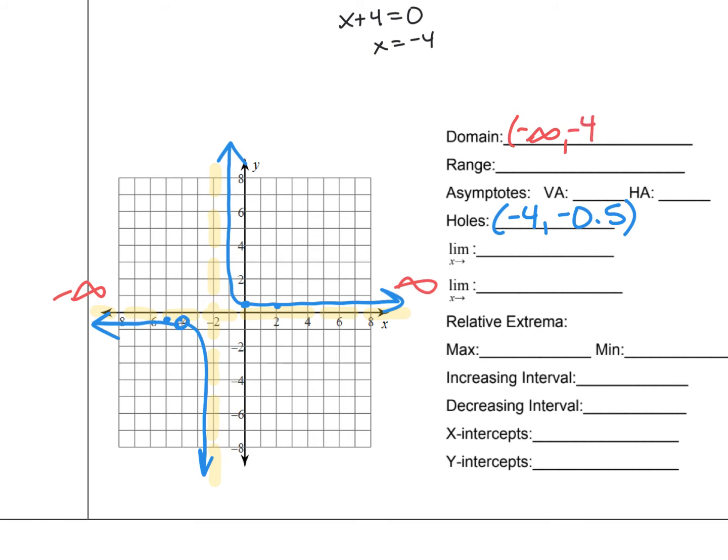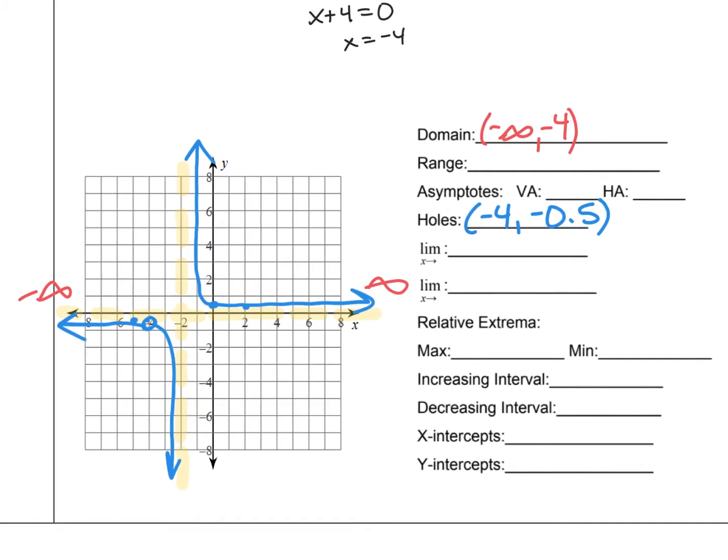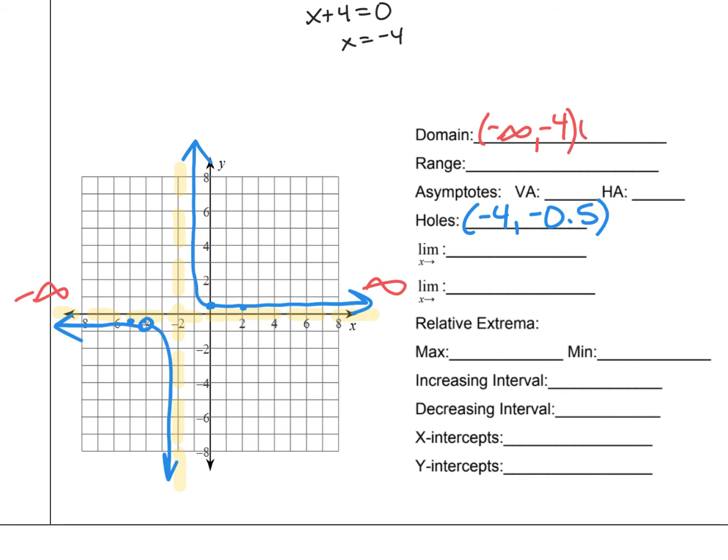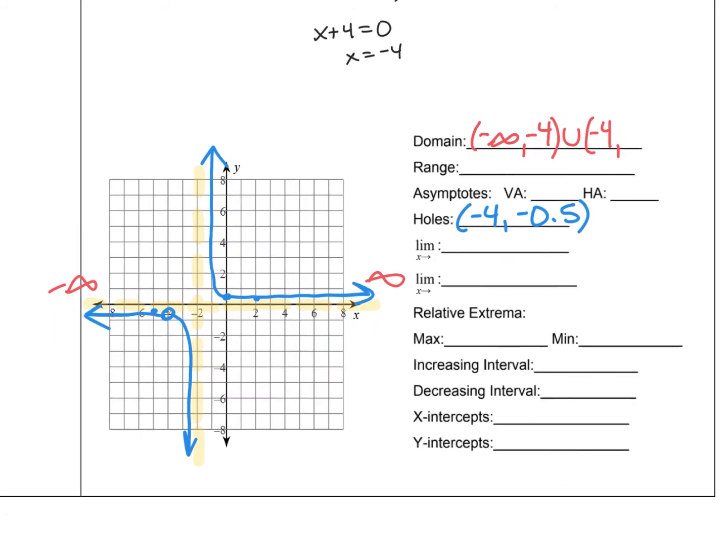Negative 4, because this is x values, it's domain. Unioned with, pick right back up where you left off, negative 4, and now what am I going to? Negative 2, unioned with negative 2 to infinity. Raise your hand if you got that one. Cool, thank you, perfect.